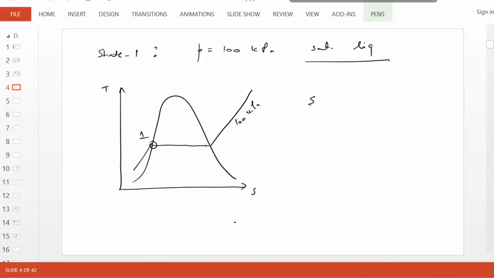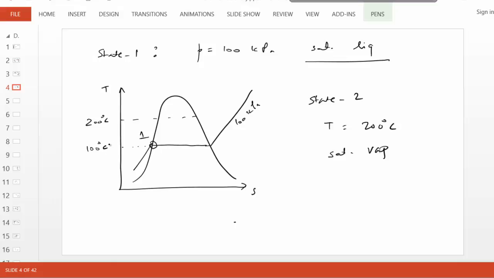Suppose we have another state. Let's say we want to find a state 2, temperature is 200 degrees Celsius, and it's saturated vapor. So basically we know the temperature, let's say here, right, at 100 kPa the saturation temperature was 100 degrees Celsius, or 99.